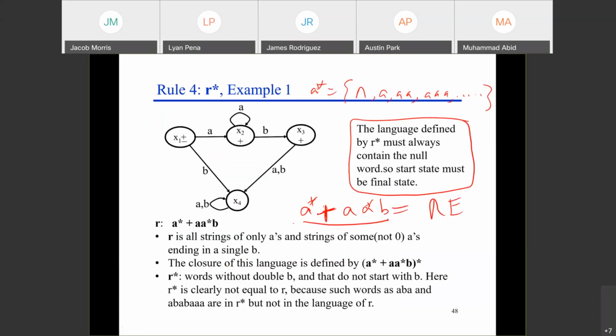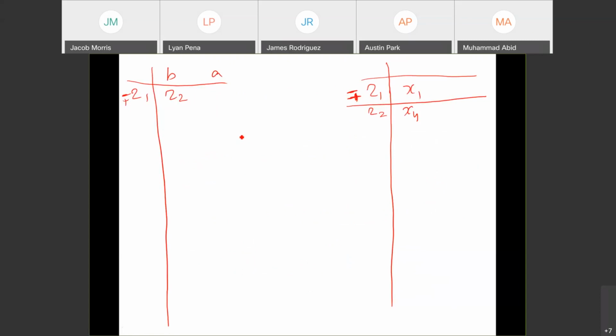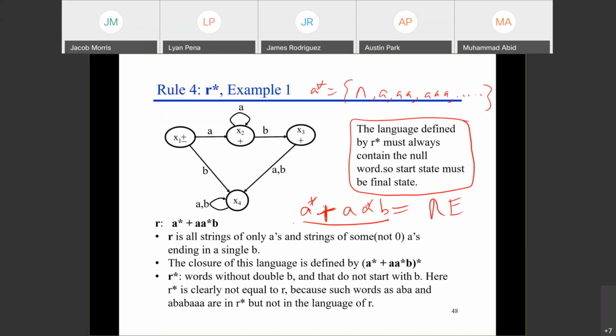When you receive a as input, you reach x2. We don't have this combination before. Now we need to understand this: whenever you reach the final state of this machine, you never know whether your word finishes or continues. So you always consider the start state of this machine as well.